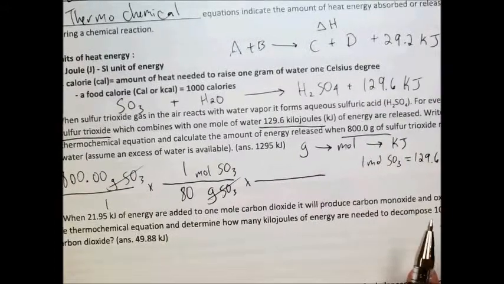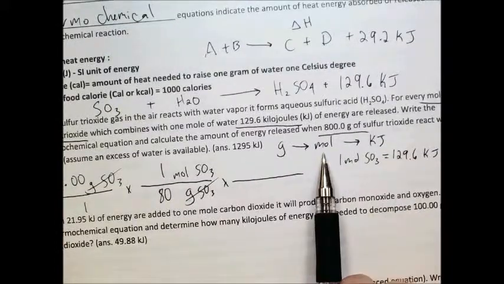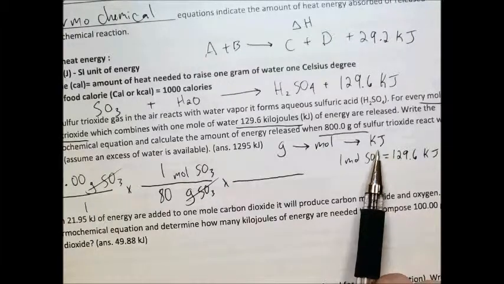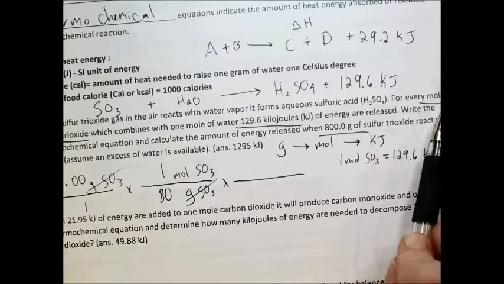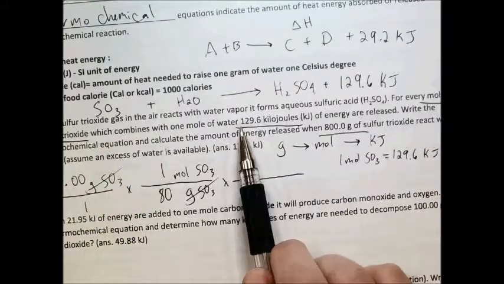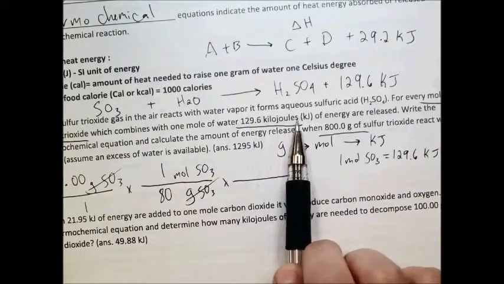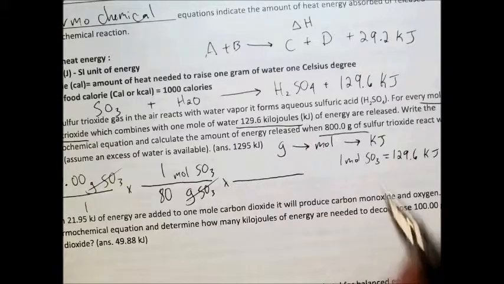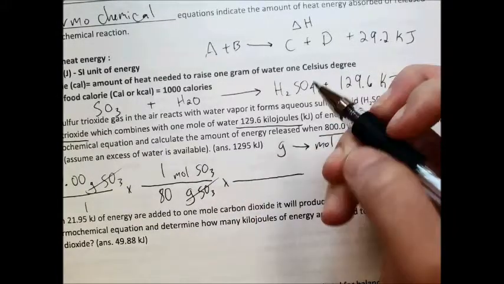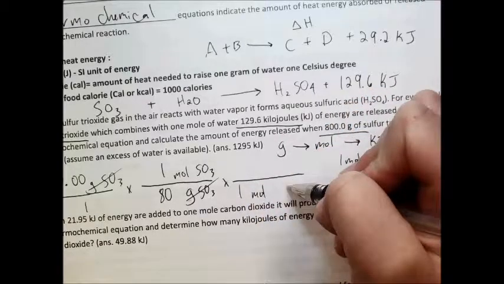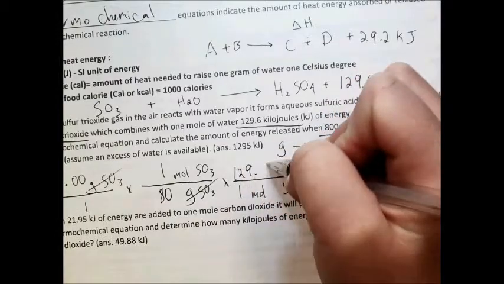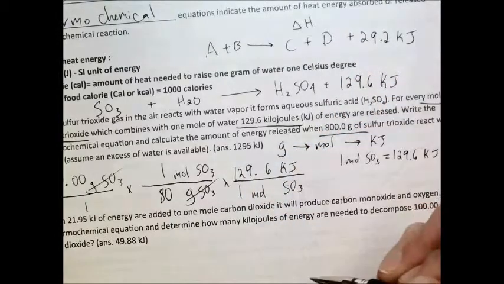And I want to go one more step and convert from moles of SO3 to kilojoules. How many kilojoules are given off by those moles? My question says, for every mole of sulfur trioxide, 129.6 kilojoules of energy are released. That's a conversion factor, and I've written it right here. So 1 mole of SO3 gives off 129.6 kilojoules of energy.